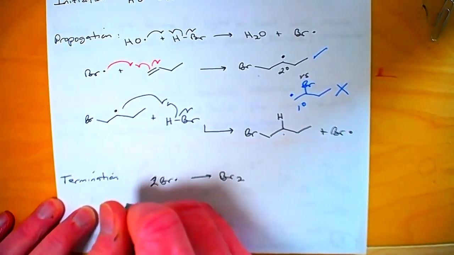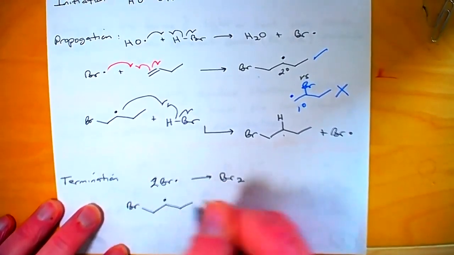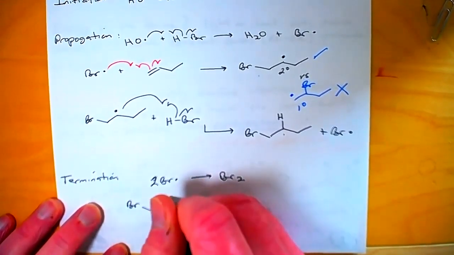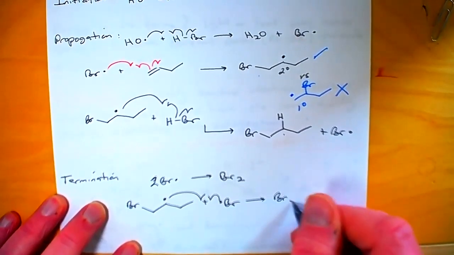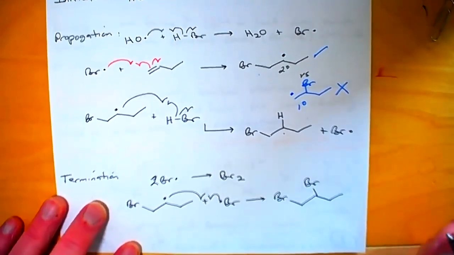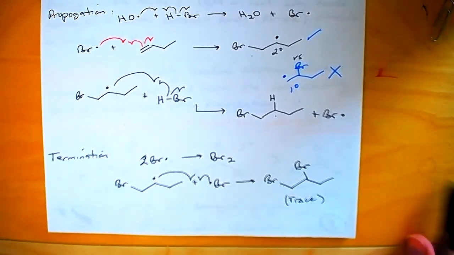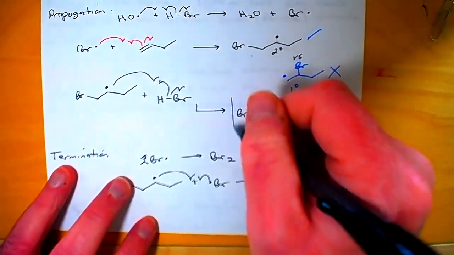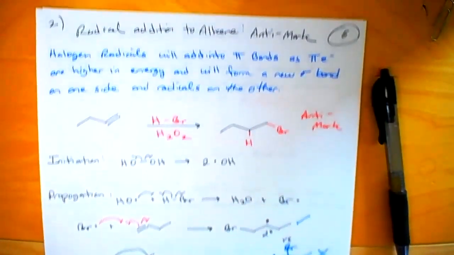Another possibility is where the organic radical begins to add a second bromine, and you start to see some vicinal dibromide. There's really not a whole lot of this in here, usually just a trace amount, but it is detectable. And so your major product ends up being your anti-Markovnikov system.